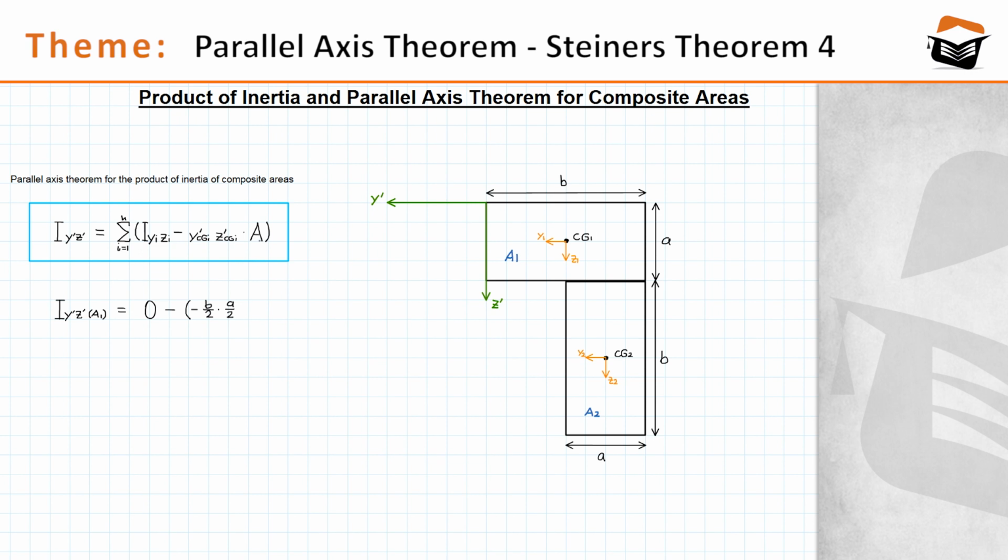And capital A, that is the area of the rectangle, and that is A times B. And the value of the product of inertia of rectangle 1 is ultimately 1/4 times a squared times b squared.